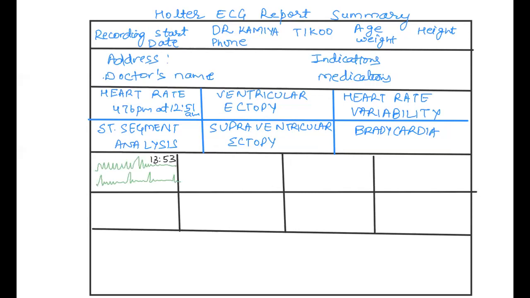At 1:53, this was the ECG. Okay. So in this way, it will do the recording randomly. For 12:30, assume that it is like this. Like this. Okay. So in this way, there will be 8 different graphs recorded at random timings so that we can analyze the results.